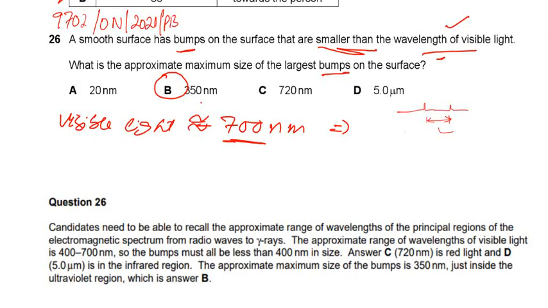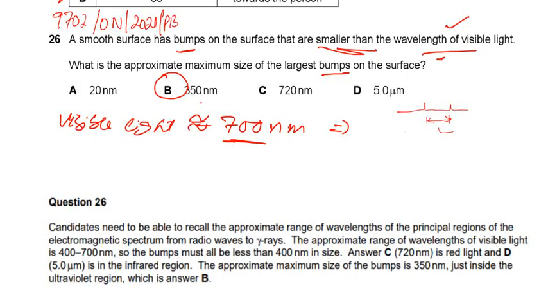Okay. And we know that the wavelength range of visible light is approximately from 400 nanometer to 700 nanometer. So 400 to 700 nanometer means option C is the range of the visible light.